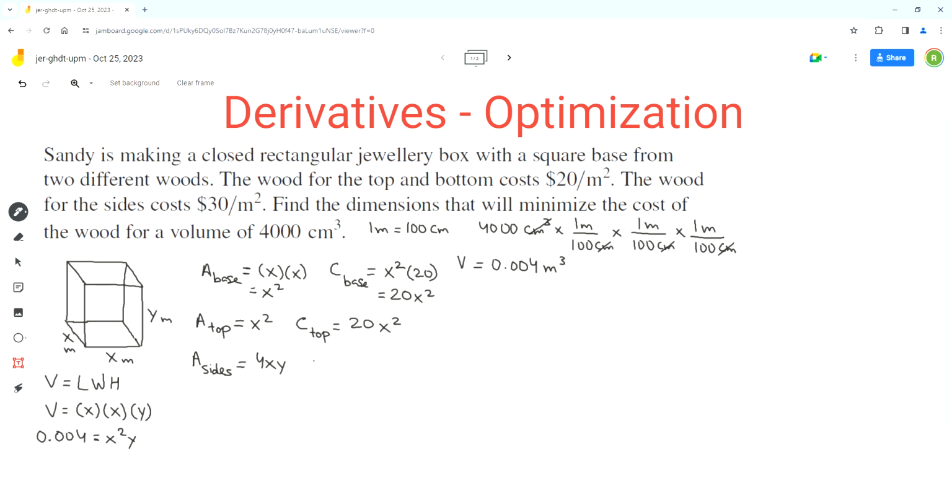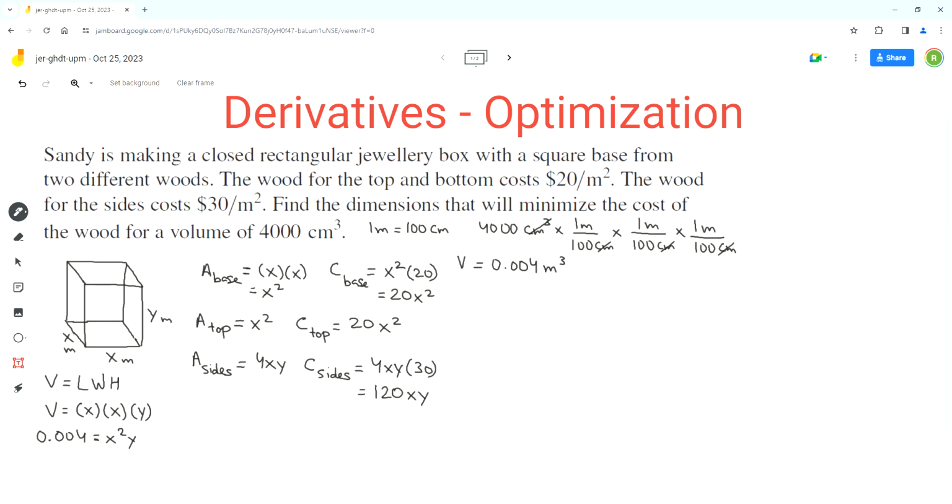So the cost for the sides will be the area of the sides, 4xy, times the cost for the sides, which is 30. This can be simplified to 120xy. So this is the total cost for the sides of this box.